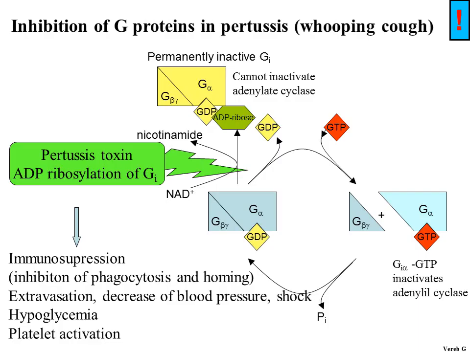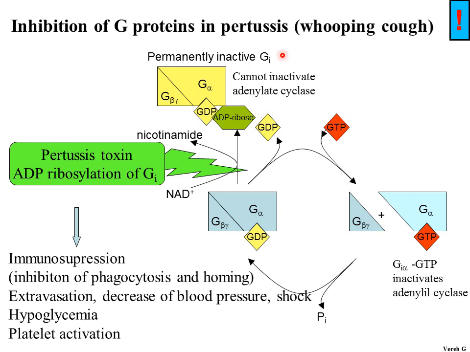The ADP ribosylation that the pertussis toxin does concerns also a G protein, but there's a very big difference, namely that this G protein is an inhibitory G protein.